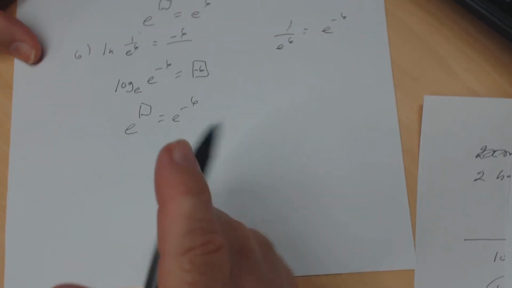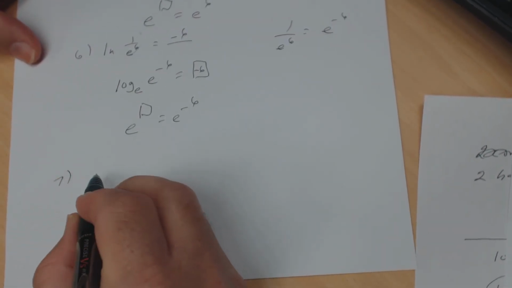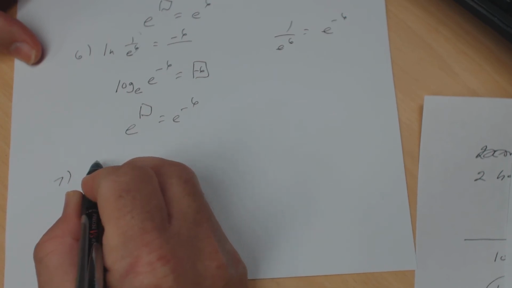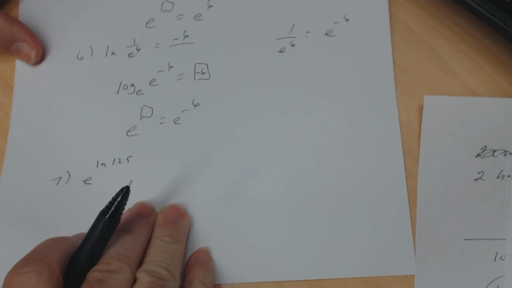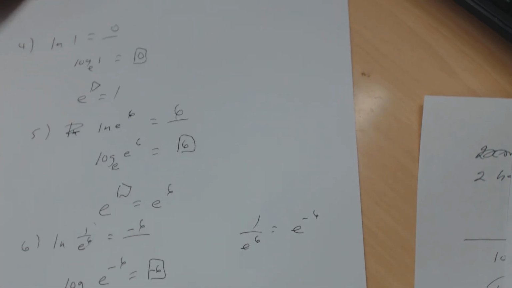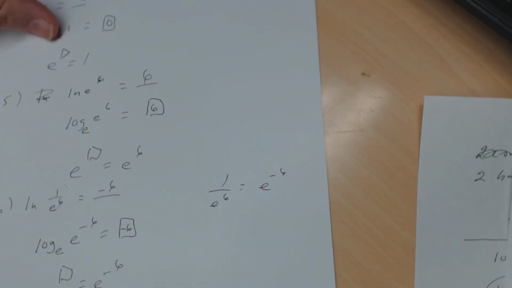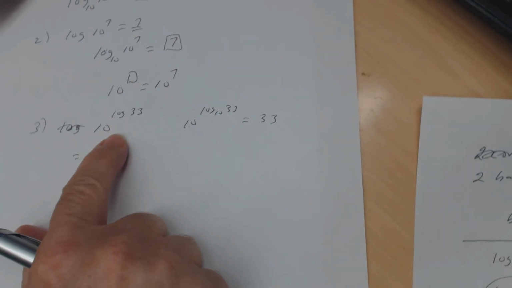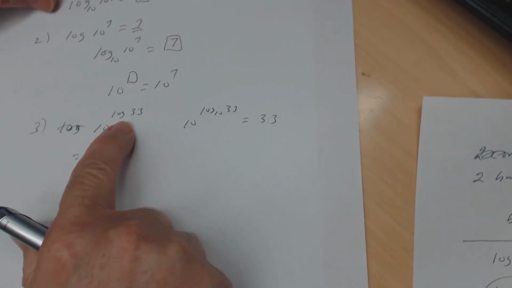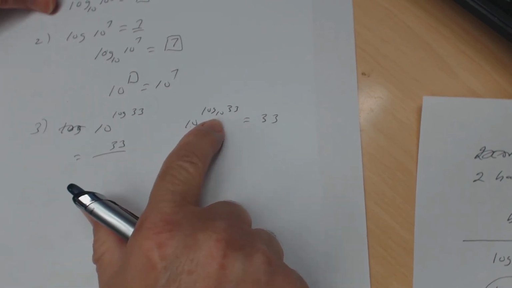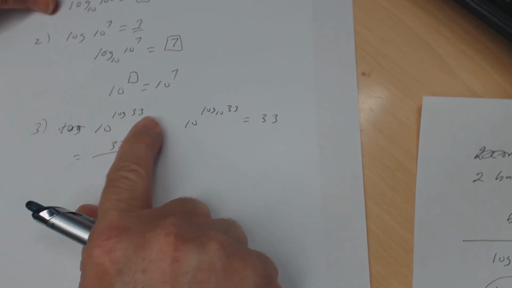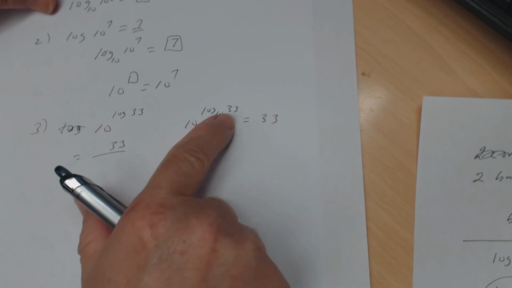Okay, number 7. Suppose you had e to the natural log of 125. Well, that goes back to the same thing we did earlier, remember? If the exponential and log have the same base, and log with no base is understood to be base 10, then the answer is just the argument.